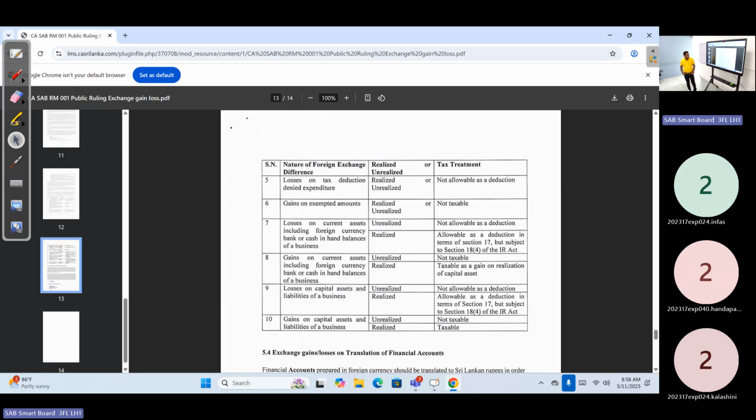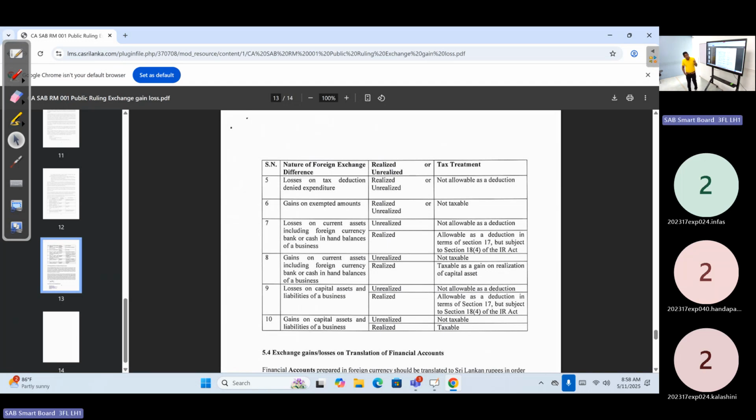Loss on current assets, including foreign currency, bank or cash in hand balance of a business. So in this case, we need to work out realized or unrealized. That is transaction recorded in a currency other than income.